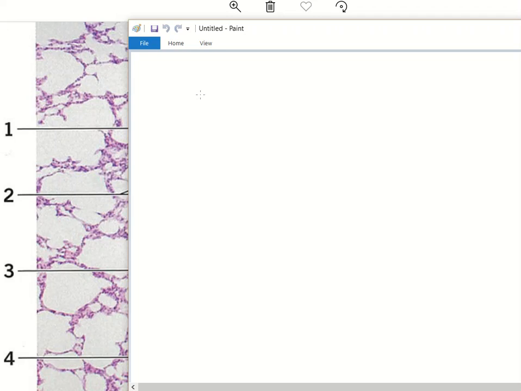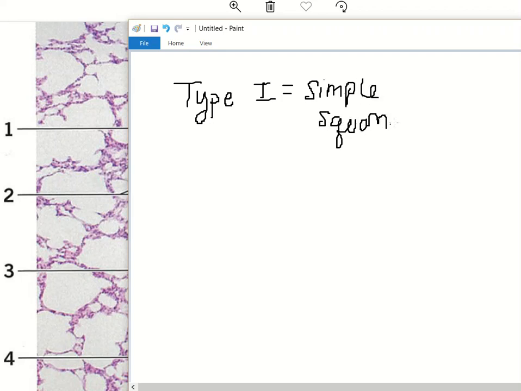And the reason why you want them to be so squished is that the primary purpose for those cells, so type 1, I want you to associate with simple squamous, which is very efficient and very thin. I want you to think, boom, gas exchange.